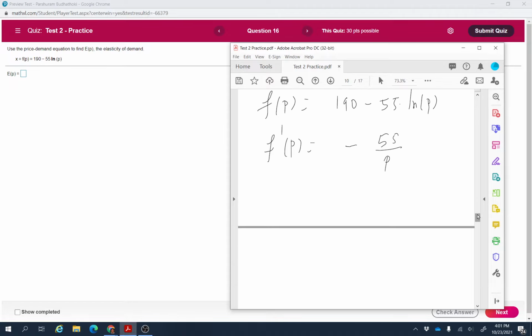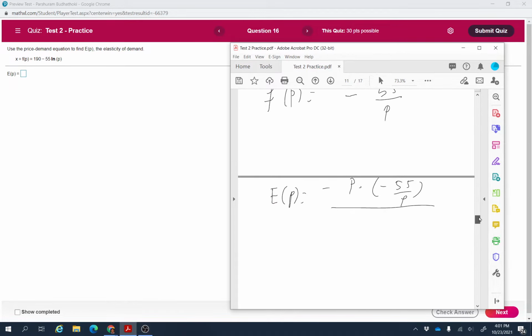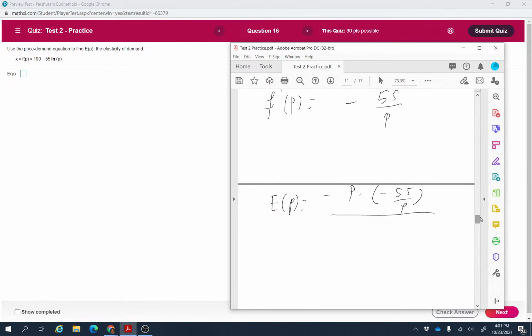So EP is, if we use that formula, negative p times negative 55 over p divided by the value of the function at p, which is 190 minus 55p. So this p and this p cancel out. You can cancel this negative and negative, and that will be positive 55 over 190 minus 55p.